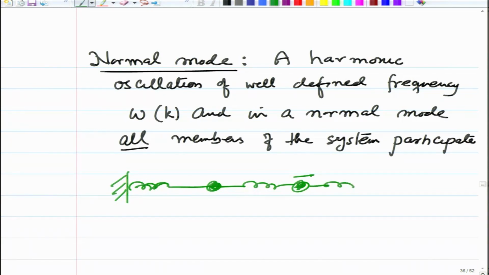When you make this long, you get many more normal modes, and those are omega k, right. Different frequencies are given as omega k, and each normal mode is defined by a k. How many normal modes exist? You can actually guess from there, it will be equal to the number of particles, but we will defer it for some time. So, we have defined a normal mode.